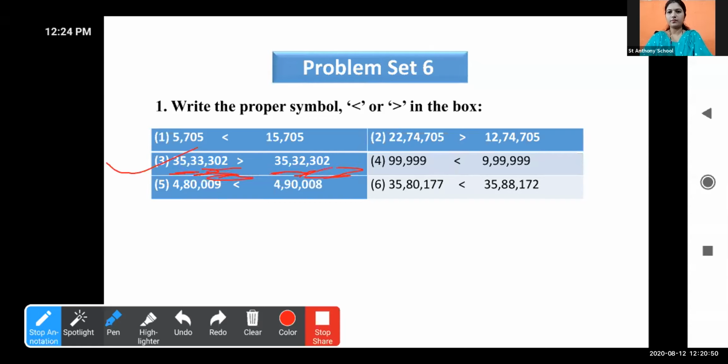So what will we do? If 35 is the same and the 302 at the back is the same in both, we'll see the 1000 place number. We'll check the middle number, the 1000 place. One side 33 is there and one side 32 is there. Which of these two is the bigger number?